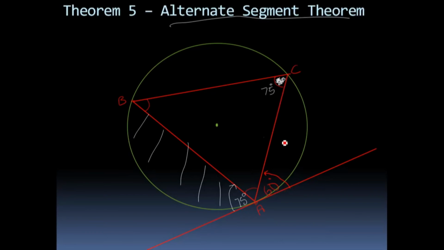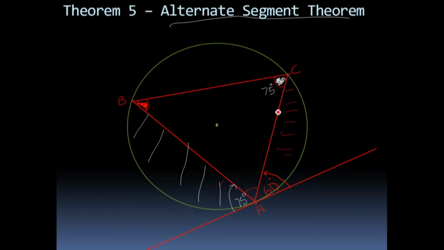So this chord AC divides the circle into two segments, the minor segment, and everything over here will be the major segment. And so this angle here will be in the major segment.